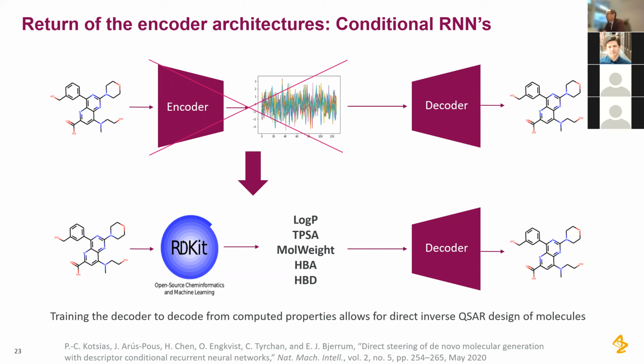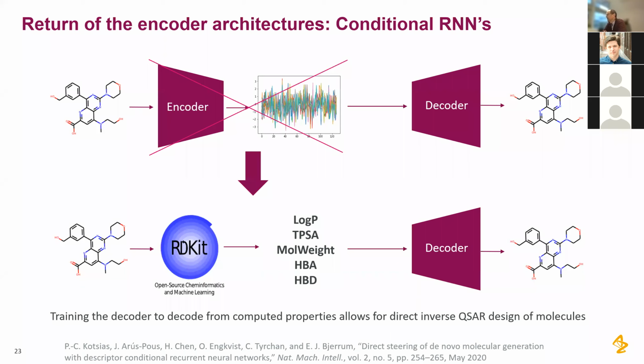But we also thought maybe we can just teach it directly. So instead of having the encoder, we use a cheminformatic toolkit called RDKit. So we use the engineered properties of the molecules, and we could encode them and just train the decoder directly from these molecular properties.